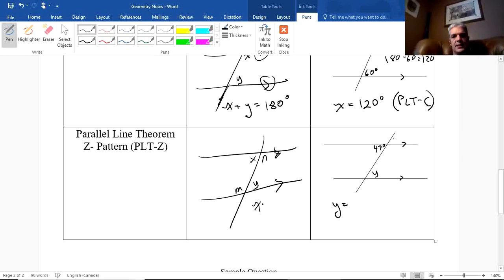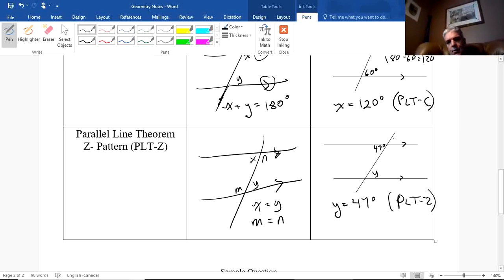So X equals Y or M equals N in this case. So these two angles and these angles are equal. And so in this particular case, Y is going to equal 47 degrees. And the reason is the parallel lines theorem, and it's the Z pattern. And again, whether you put the Z, C, or F or whatever, I don't really care. I'm mostly concerned that you understand that it's because of parallel lines that we get those unique rules.